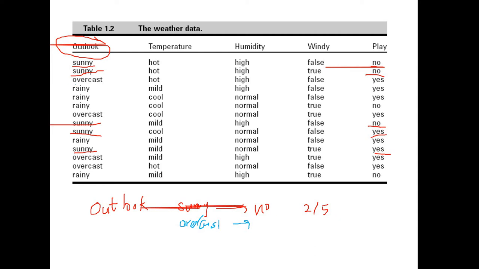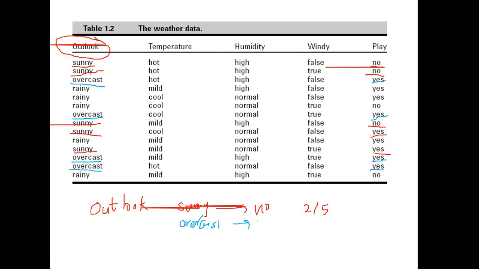Similarly, when you look at overcast, you can check the outcome. Overcast, outcome is yes. Again overcast, outcome is yes. We have 2 more overcast, outcome is yes and yes. What is the most frequent class? Yes.